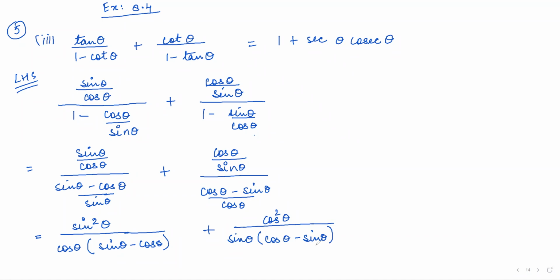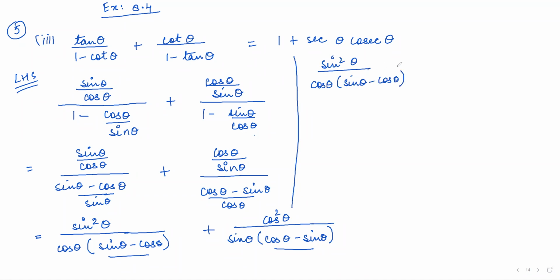You can do one thing. If you want to take LCM, before that, see, this is sine theta minus cos theta, so you can take a minus sign common from here so that it becomes the same in the denominator. So I take it like sine square theta divided by cos theta into sine theta minus cos theta.